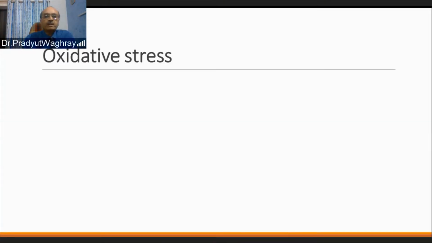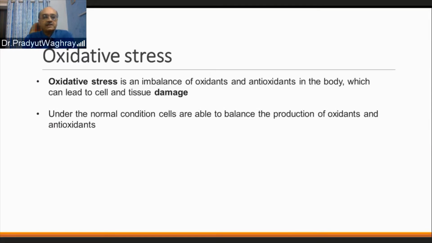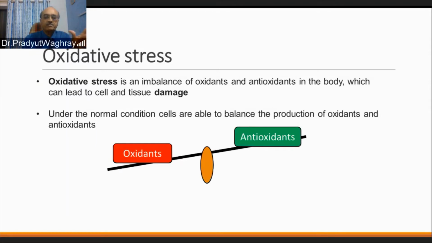So to begin with, what is oxidative stress? Oxidative stress is nothing but an imbalance of oxidants on one side and antioxidants on the other side in the body. If this imbalance occurs, more oxidants are produced and this leads to cell and tissue damage. Under normal conditions, cells are able to balance the production, like a seesaw, between the oxidants and antioxidants.